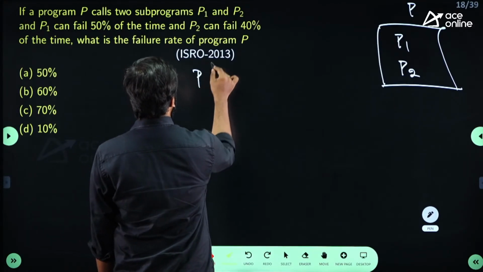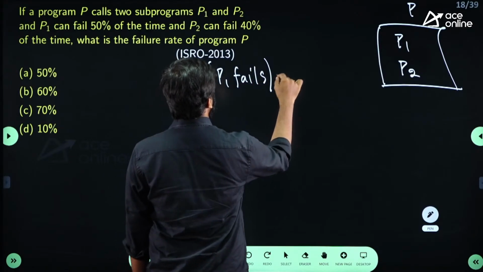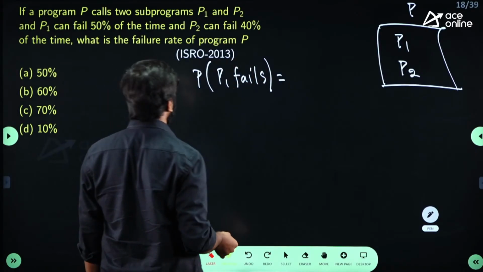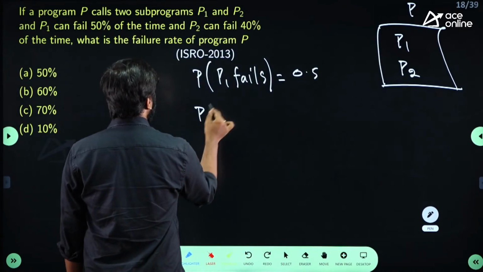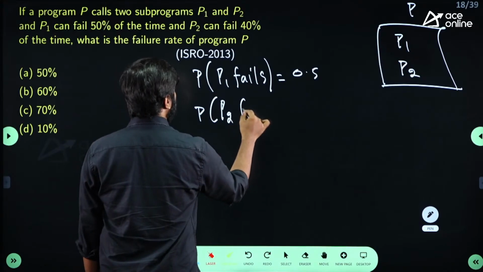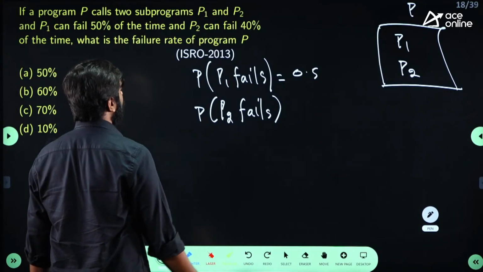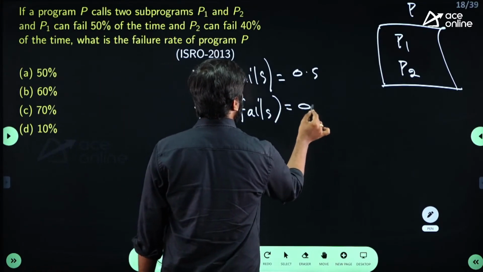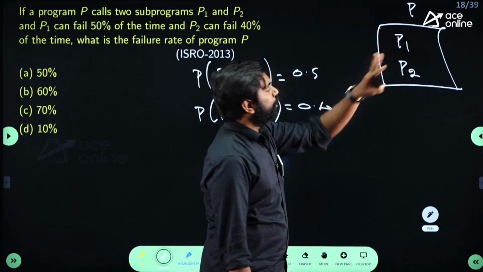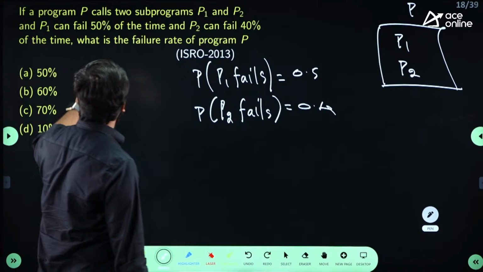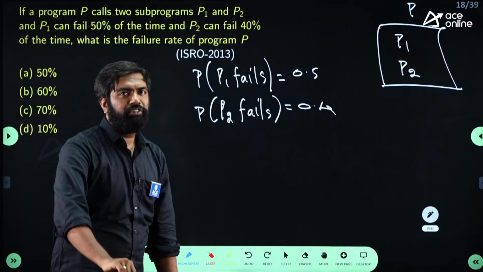So from this we can say the probability that P1 fails is, if you write it in terms of probability, simply 0.5. The probability of the subprogram P2 failing is given as 40%, so in probability it's 0.4. These are the two subprograms used in this program. What he wants finally is, what is the failure rate of the program P?